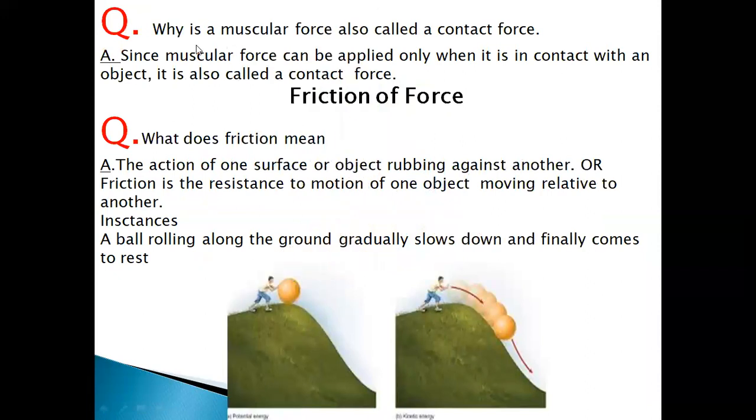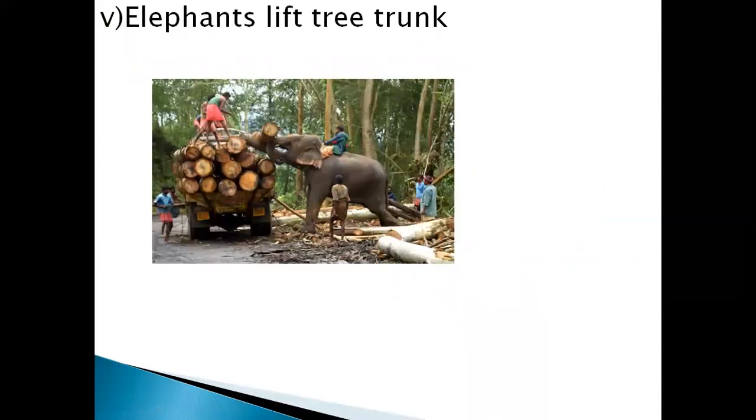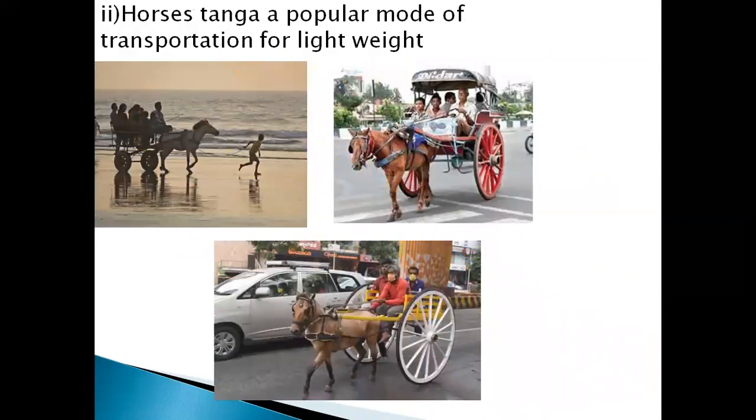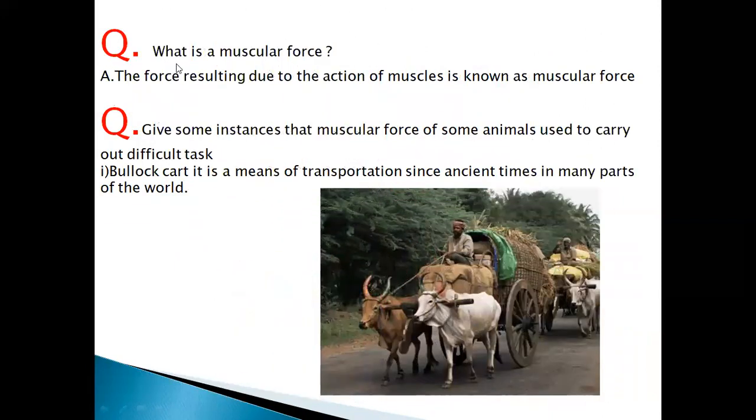Hence, now by seeing this, quite easily we can define what is a muscular force. Look at now, what is a muscular force? The force resulting due to the action of muscles is known as muscular force.